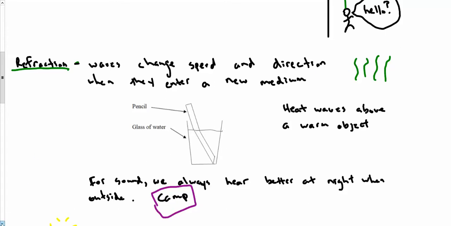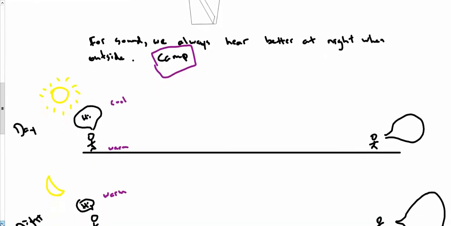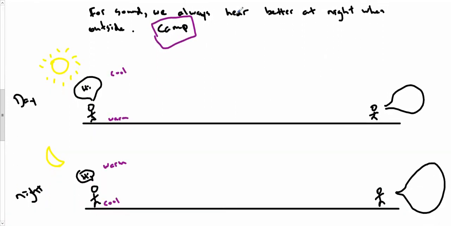Now for sound, an example of this refraction is we always hear better at night when we're outside, and I might refer to camp. When we are at camp at night, sound always seems to travel further than it does during the day, and I'll show you that.